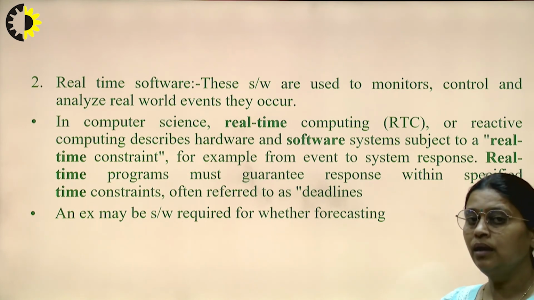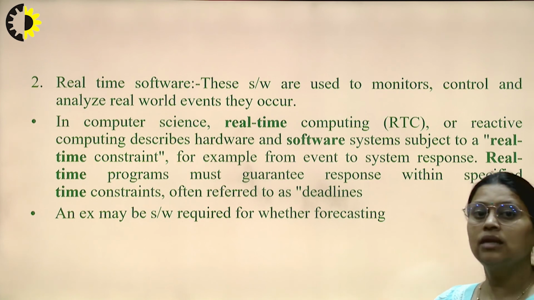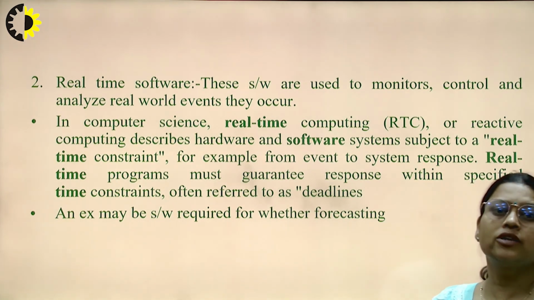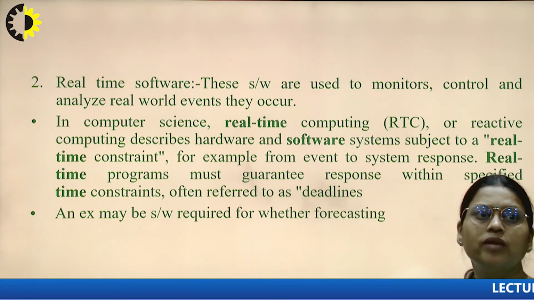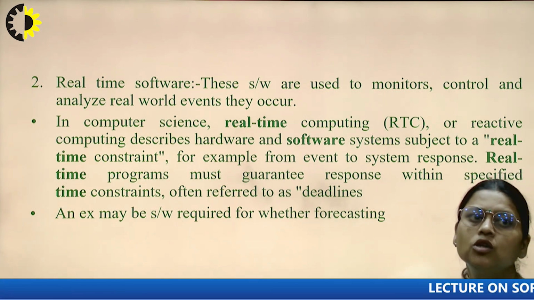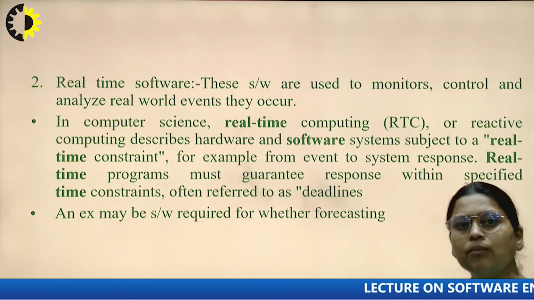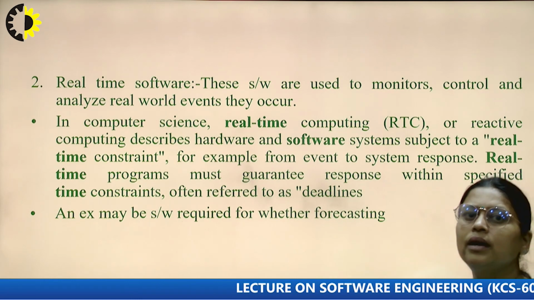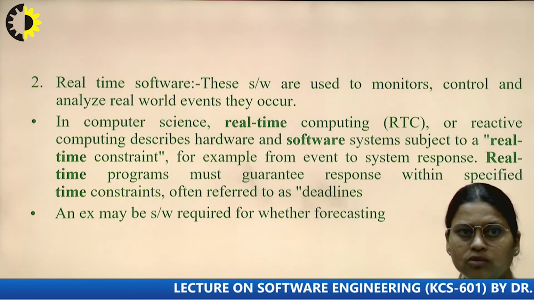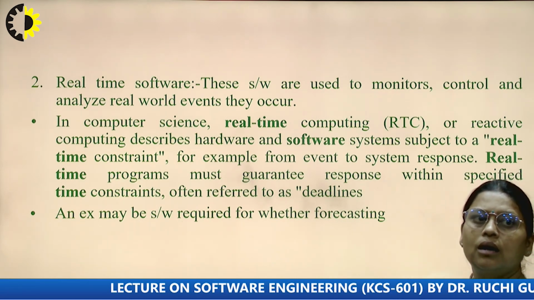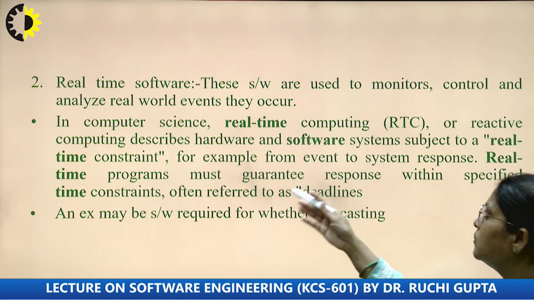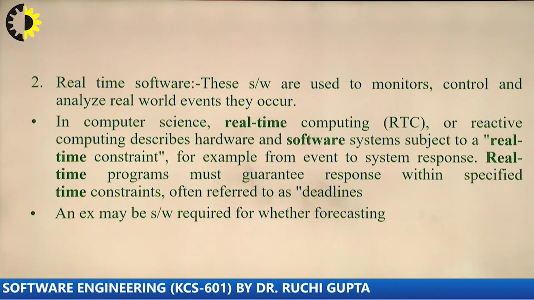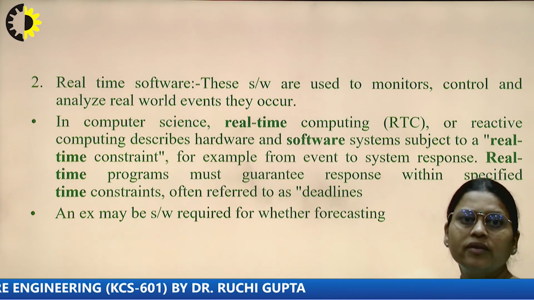For example, weather forecasting and earthquake prediction come under the category of real-time software. In computer science, real-time computing, or reactive computing, describes hardware and software that is subject to a real-time constraint. For example, real-time programs must guarantee a response within a specific time, often referred to as a deadline.